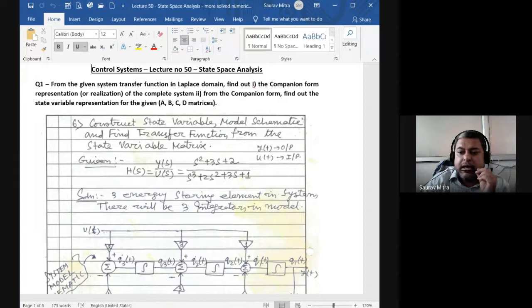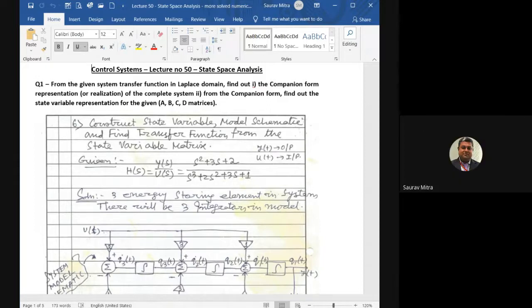After that, I gave you a system equation in differential equation form, that is y double dot t plus something of y dot t plus something of y(t) is equal to some coefficient of x dot t plus x(t), where y(t) is the output and x(t) is the input. I asked you to find the system transfer function in Laplace domain from that system equation.